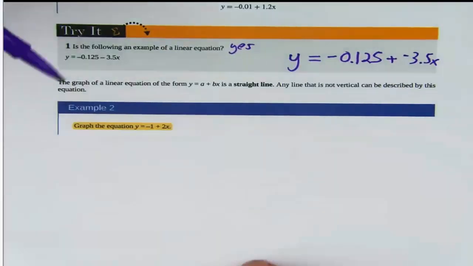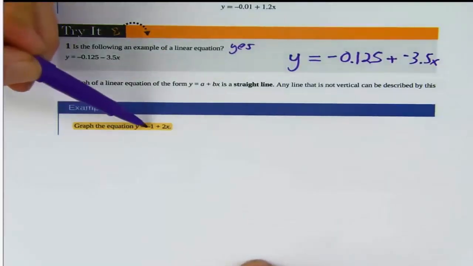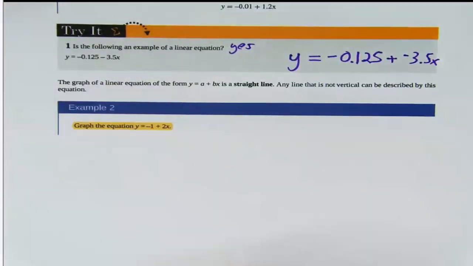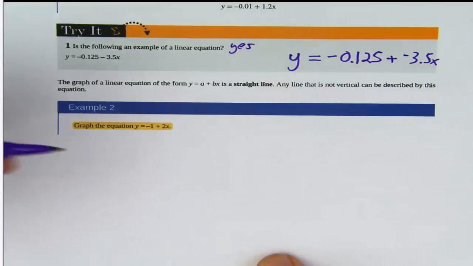They want us to graph this equation, y equals -1 plus 2x. There's a number of ways to do the graphing. If you have to graph this by hand, there's 3 different methods that we usually present, and I think I'll just go ahead and use one of those methods now.